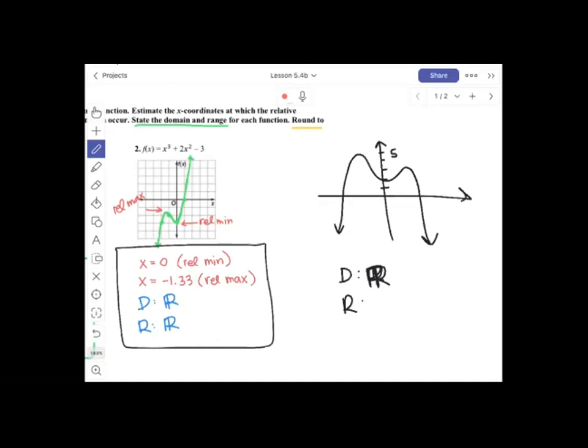Less than or equal to 5. Nice. There you go. All right, because then there's no graph above 5. It stays at 5 or below. Okay, so again, I don't want you guys to get a false sense of security that domain and range is always all real numbers just because these two examples had it. Okay. All right. Any questions?